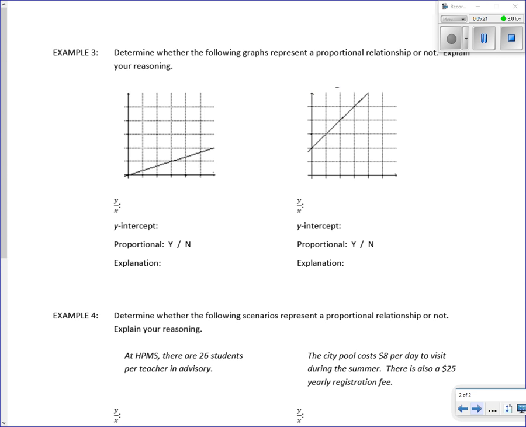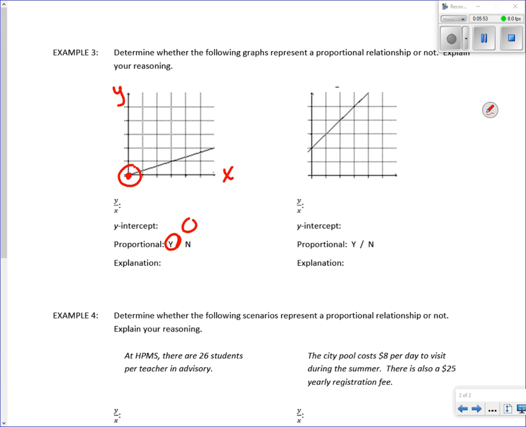Okay, our third example says, again, now we have a graph and we are determining if it's proportional or not and explaining. So when we have graphs, we taught you guys to put your point where it crosses the y-intercept. So that would be right here. If this is my y and this is my x, that means that it physically meets at the origin. So if a line goes through the origin 0, 0, you know it is proportional. My y-intercept is 0, because that's physically where it crosses the y-axis.